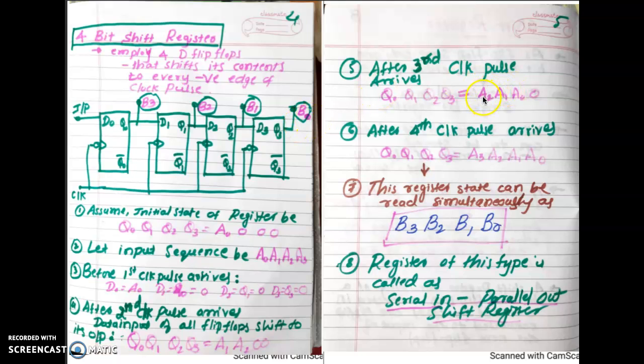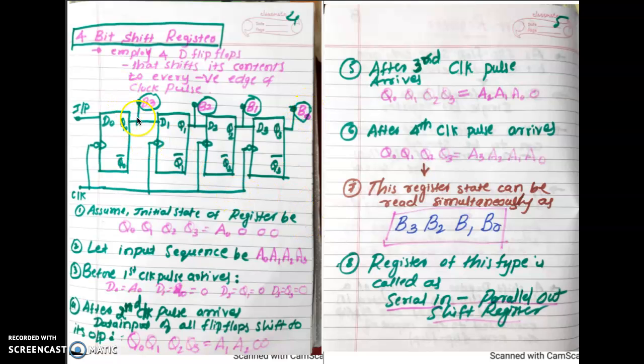So we have A2, A1, A0, 0. After the fourth clock pulse, Q0, Q1, Q2, Q3 will be A3, A2, A1, and lastly A0 comes to the last one.